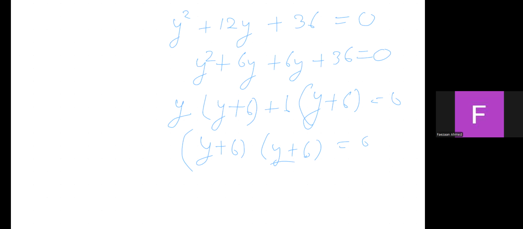But when I multiply the coefficients, like 6 multiplied by 6, it should give me the constant term. And then I end up with y plus 6 into y plus 6 is equal to 0. You can also say this as y plus 6 whole square, but currently we'll not go there. Can you now tell me what is the value of y?